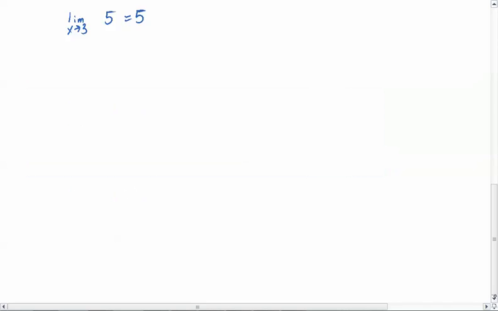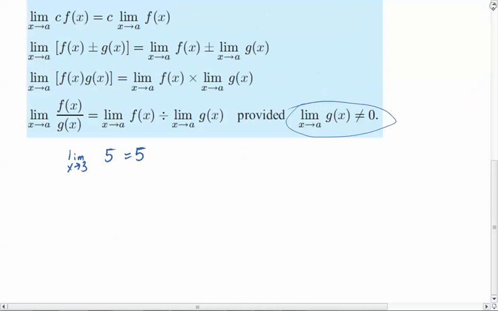So let's just look at a couple of examples using these rules. Okay? So let's take the example of the limit of x plus 3 times x minus 4, and let's just do the limit as x approaches 2. All right?